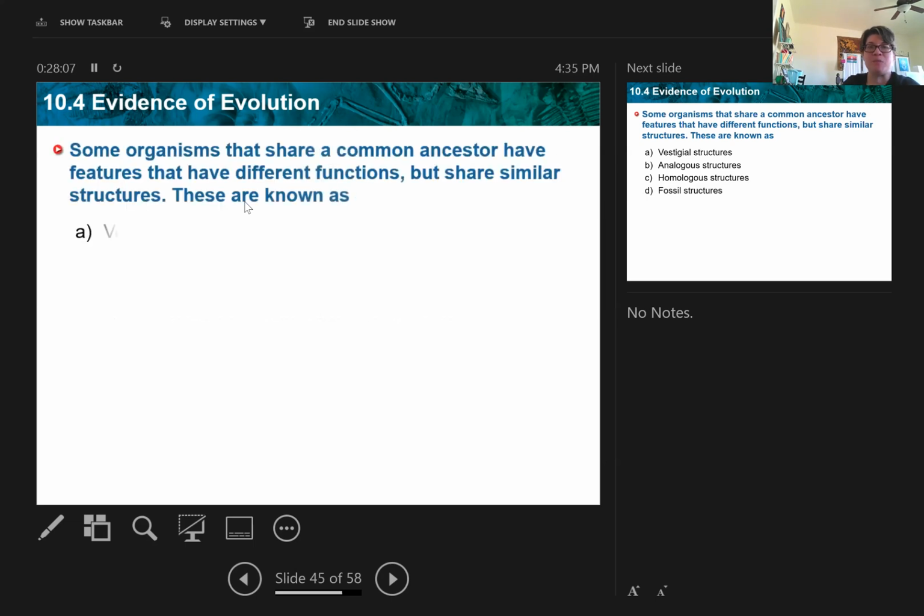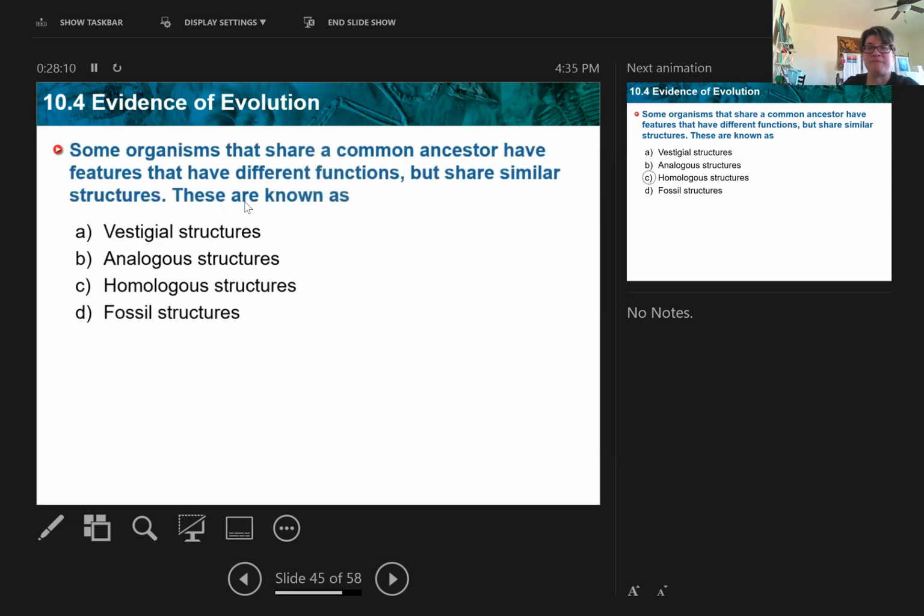Then we have: organisms that share a common ancestor have features that have different functions but share similar structures. These are known as what? So they share a common ancestor. That means it's not analogous. These structures have different functions, like a whale fin and a human hand, but they have the same bones.